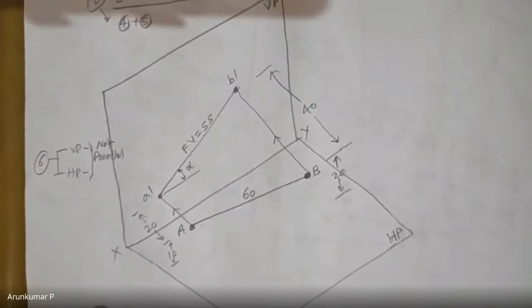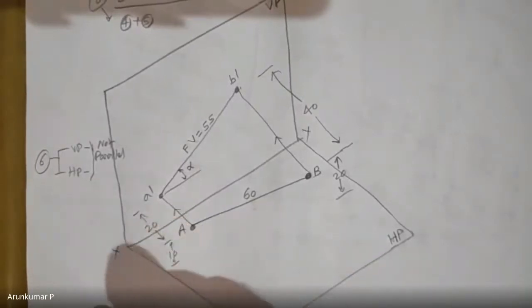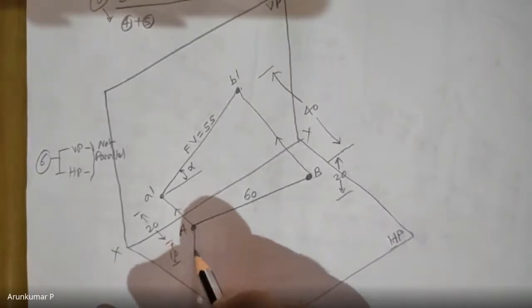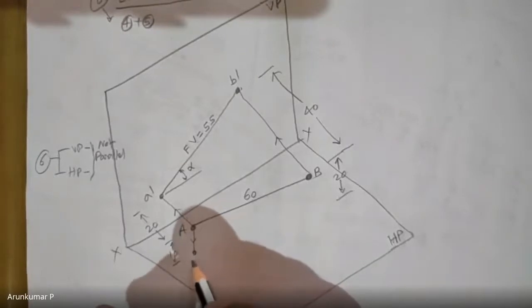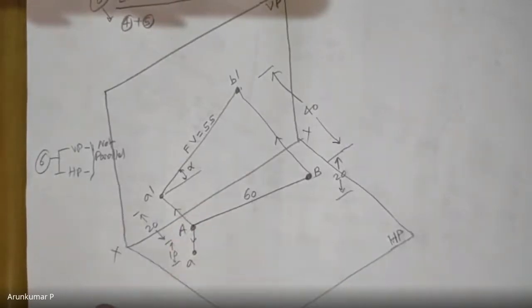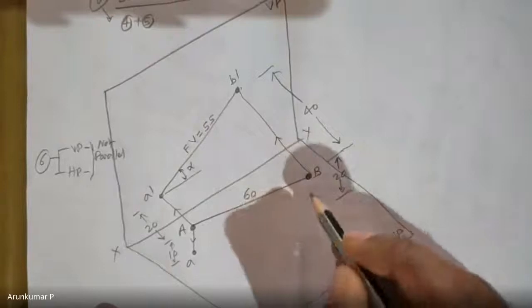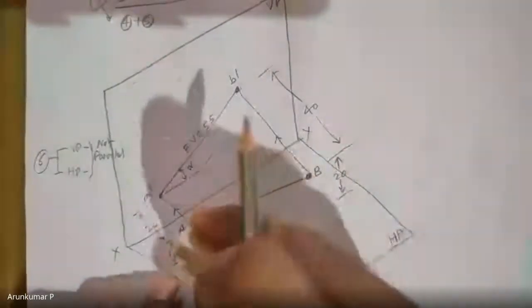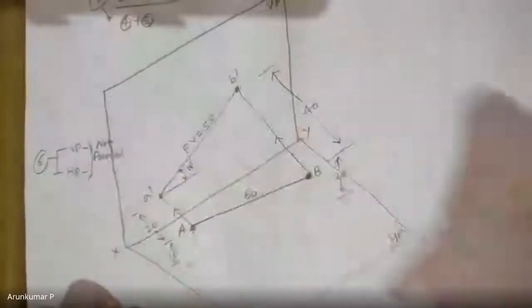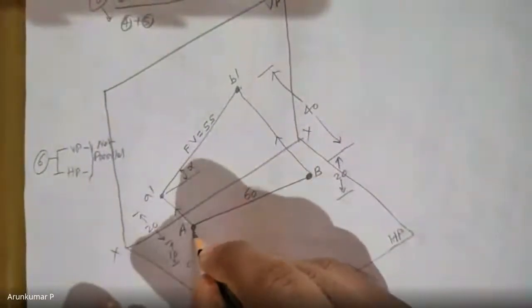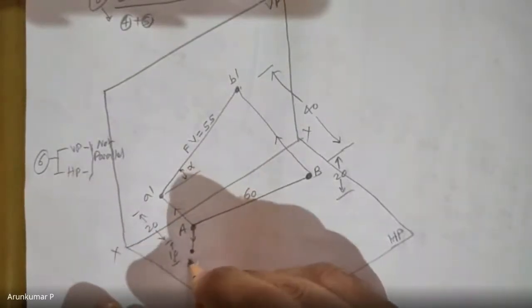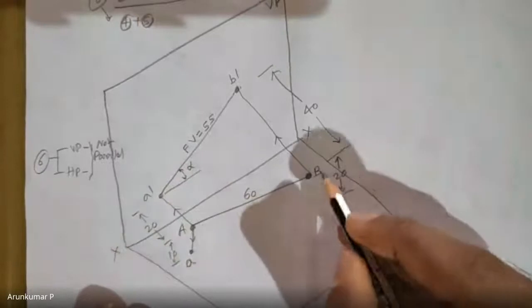Okay, next. I will draw the top view. So, small a, and small b.